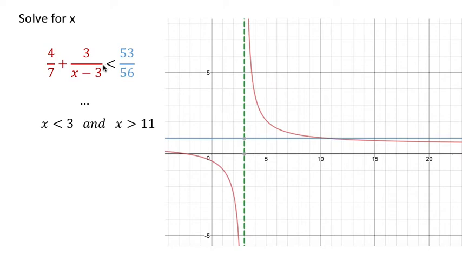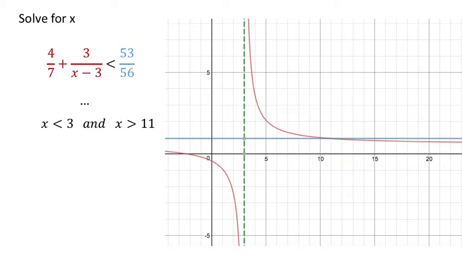That is, when is it underneath? Well, it's underneath over here, and it's underneath from 11 onwards. So the red one is underneath the blue one when x is less than 3 and when it's greater than 11. A bit of a tricky concept there. Go back and rewatch that example if you want.